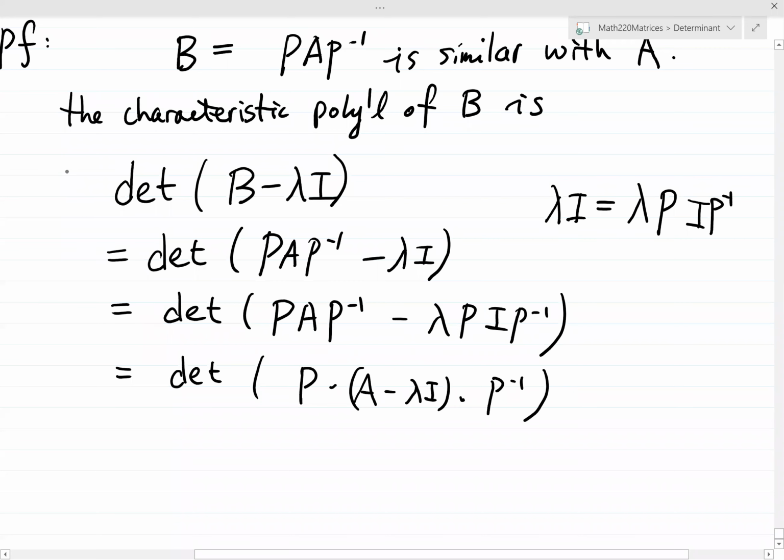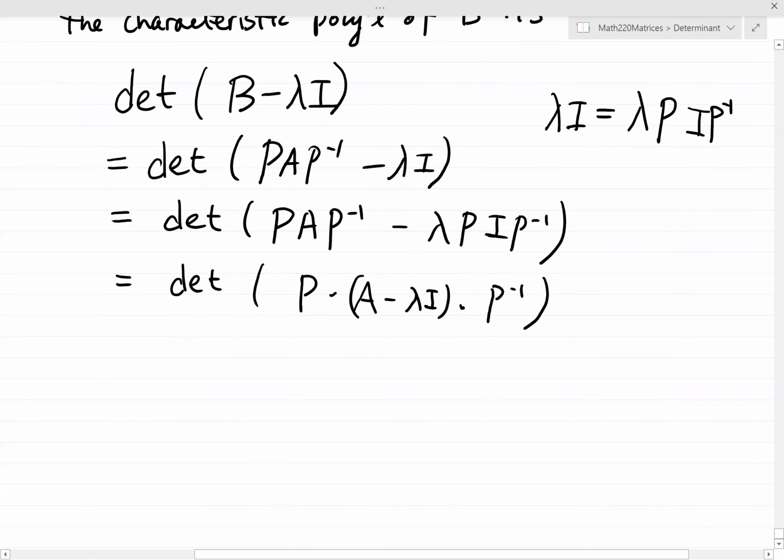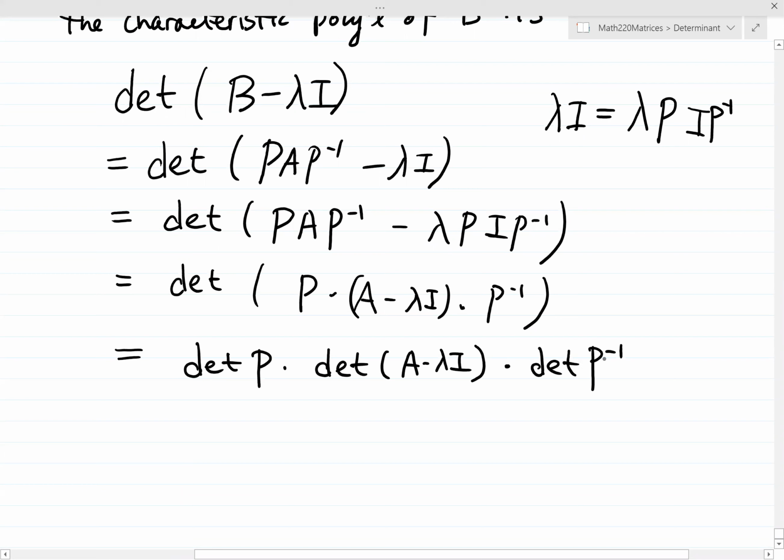The determinant of a product is the product of determinants, for the matrix operation. So it's the determinant of P times the determinant of A minus lambda I times the determinant of P inverse. Determinants are numbers, so we can switch them: the determinant of A minus lambda I times the determinant of P times the determinant of P inverse.